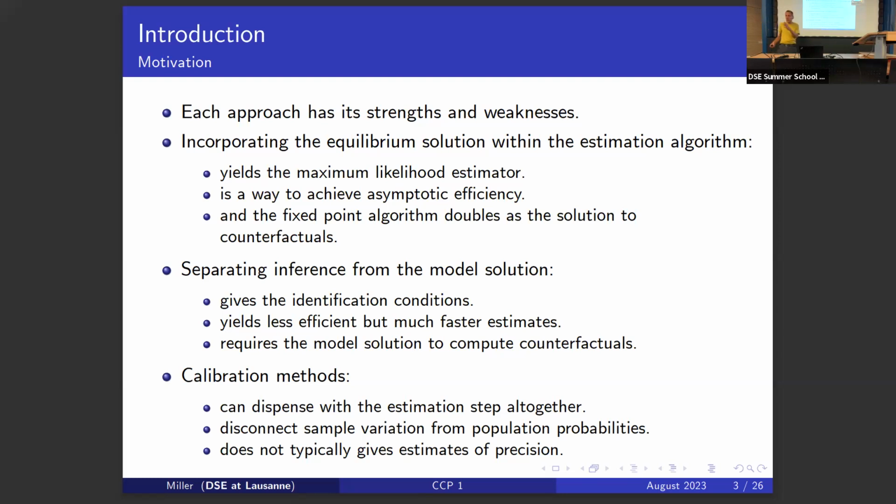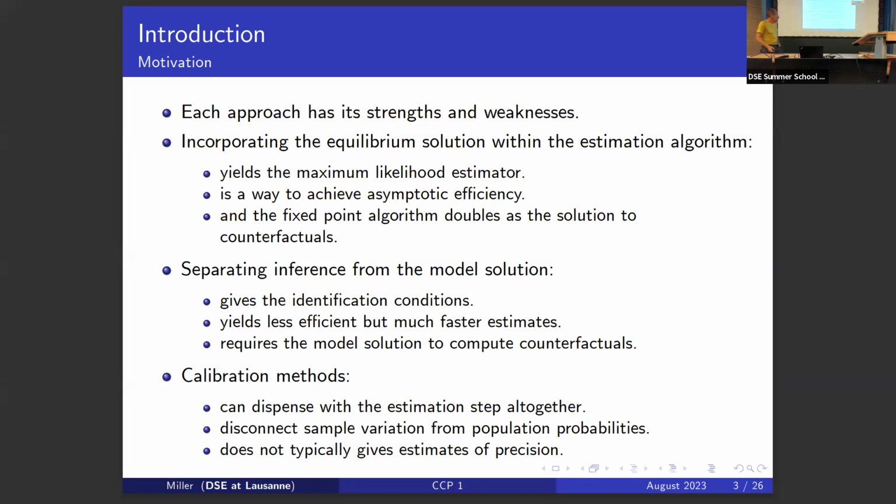And the fixed point algorithm that you use to solve inside the nest is obviously going to be useful when you're doing counterfactuals. Why do I mention counterfactuals? Why are you doing structural econometrics? It's because you want to talk about what would happen if you change the policy. You want to predict what would happen if you change some of the parameters in the model that you haven't seen yet. Because if you've already seen them, just run a non-parametric regression and you can get the prediction without any kind of deeper search.